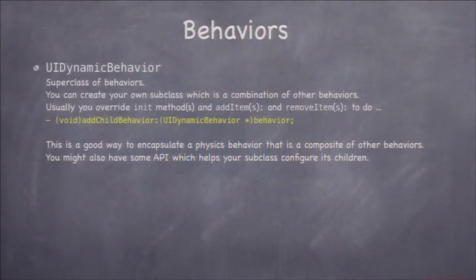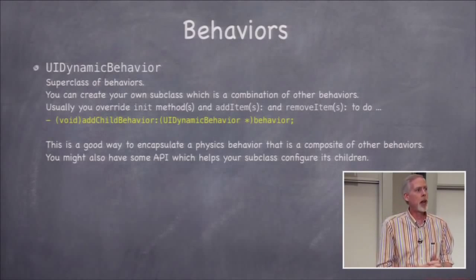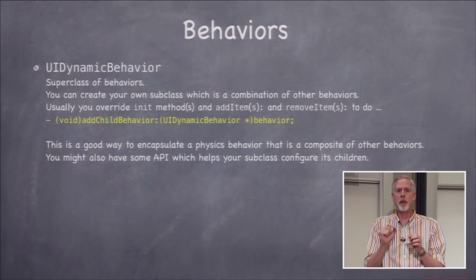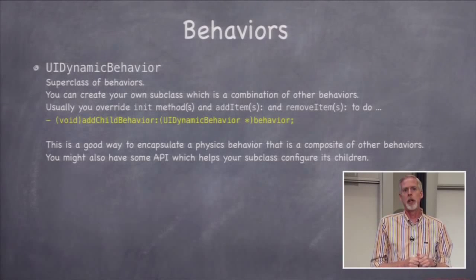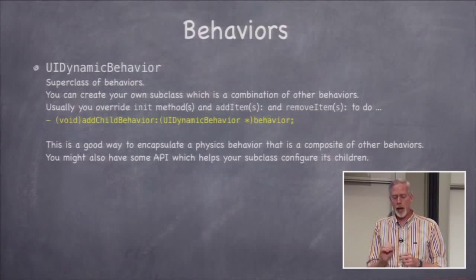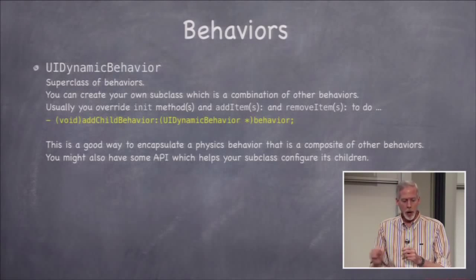UIDynamicBehavior is the base class for gravity behavior, collision behavior, all these. You can also create your own subclass, and usually when you do, your implementation just adds other behaviors as child behaviors. So there's a method in UIDynamicBehavior called addChildBehavior, and you can add a gravity, collision, UIDynamicItemBehavior as sub-behaviors.